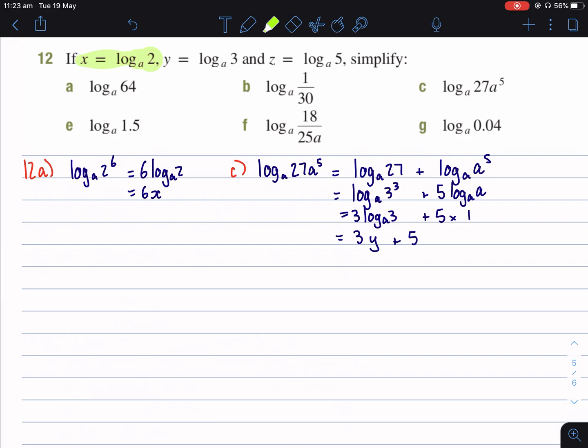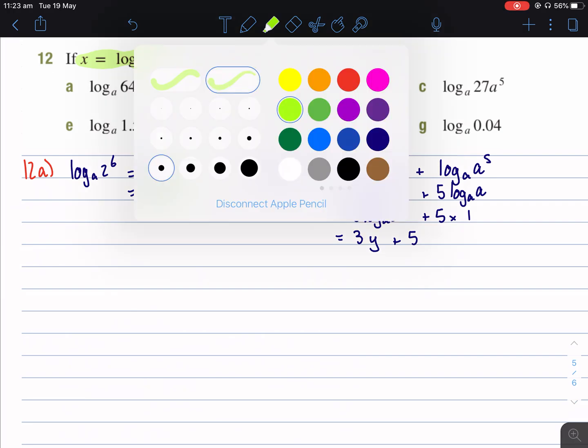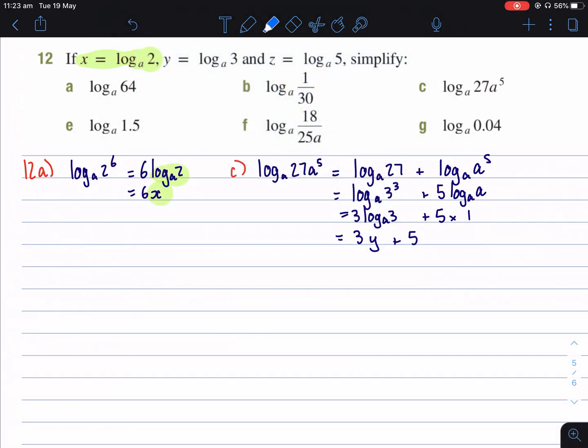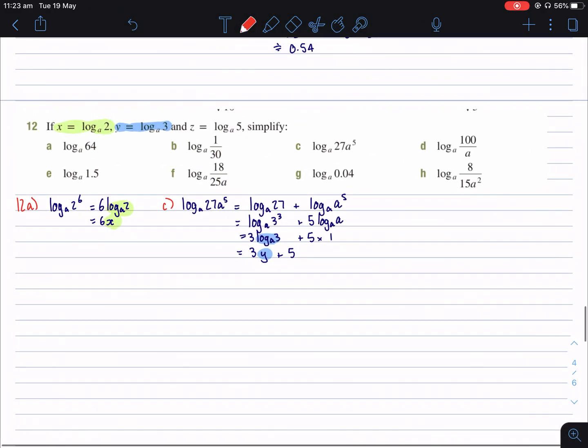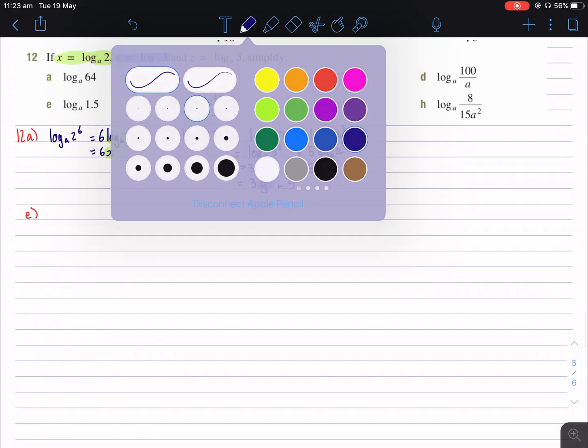So x was log base A of 2. Y was log base A of 3. I'm assuming we're going to use z in our next one. Question E. Log base A of 1.5.